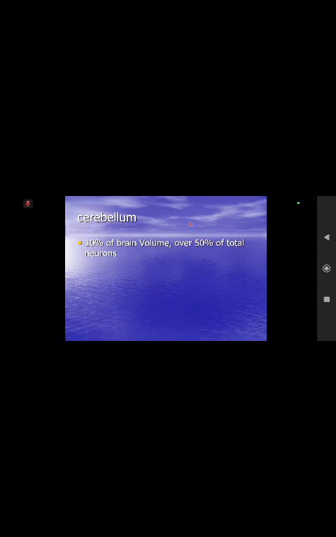So that is the main function of the cerebellum, mainly regulation of movement. Although it's very small, that's why it's called little brain. But you can see 50% of the neurons are within the cerebellum.